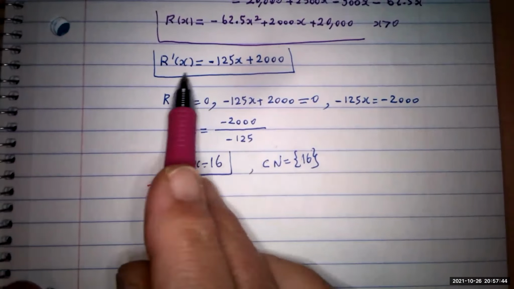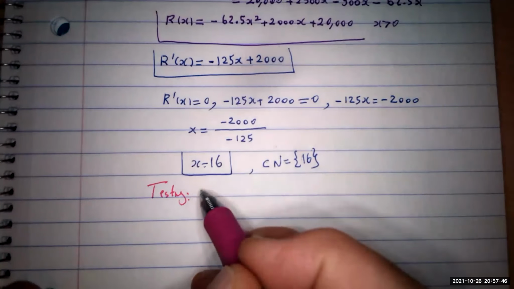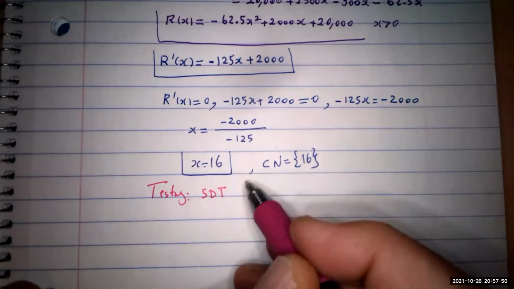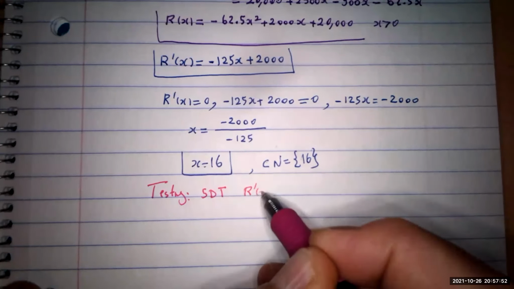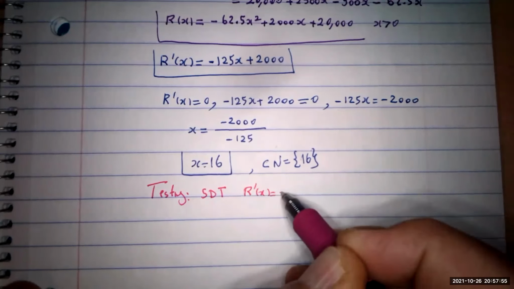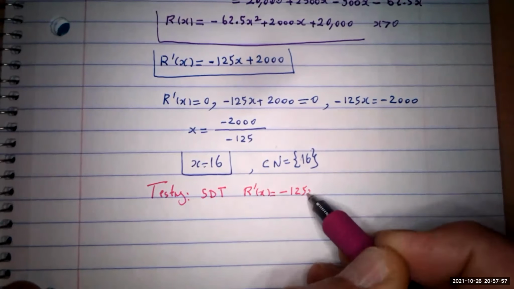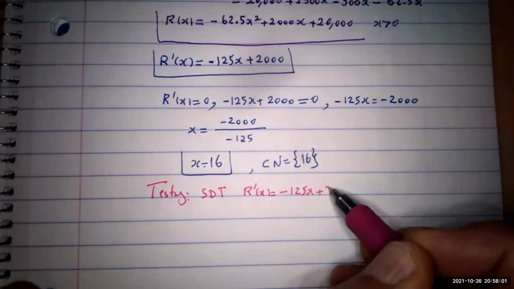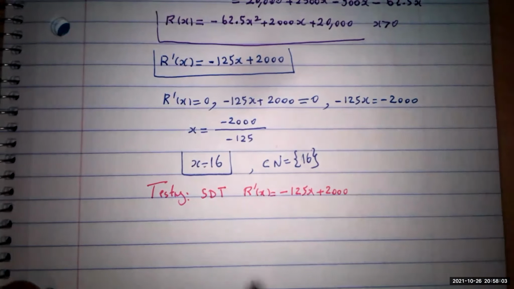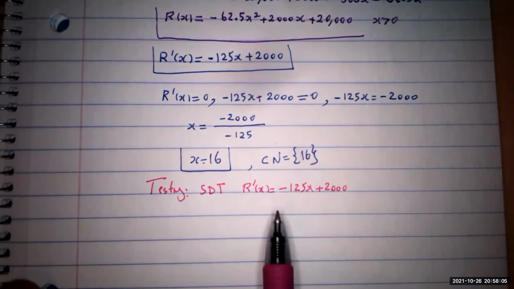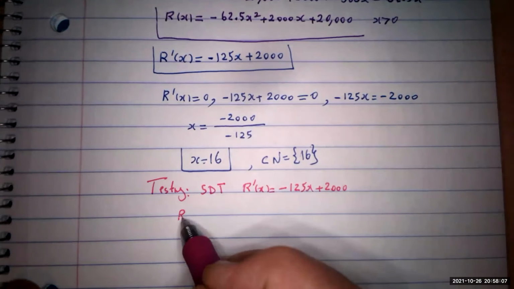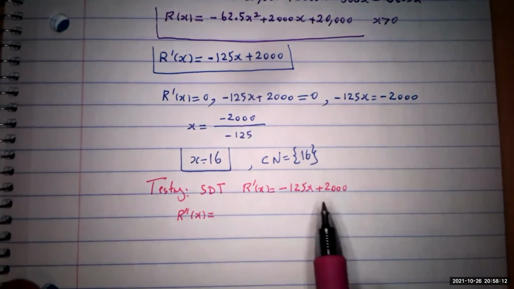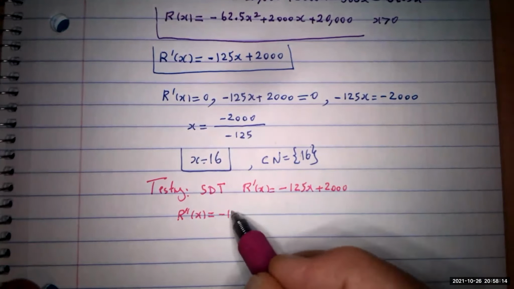Again, this is R prime. So the second derivative test is the best. Why? Because I have the R prime, an easy function, which is negative 125x plus 2000. So easily you differentiate it to get the second derivative, R double prime of x, which is equal to negative 125.